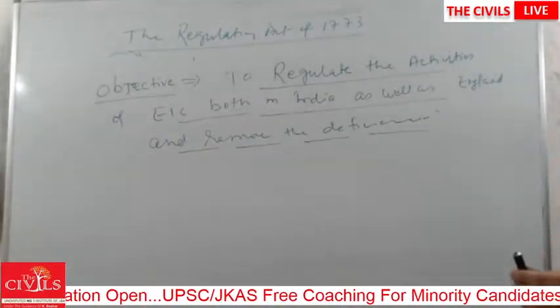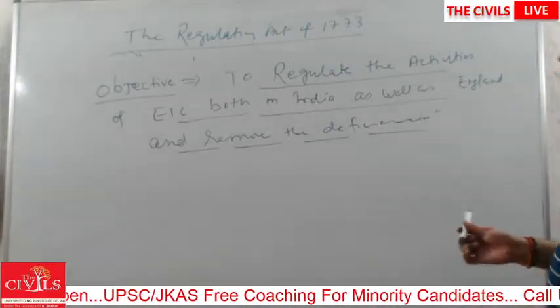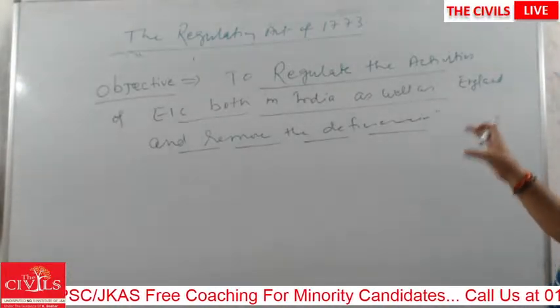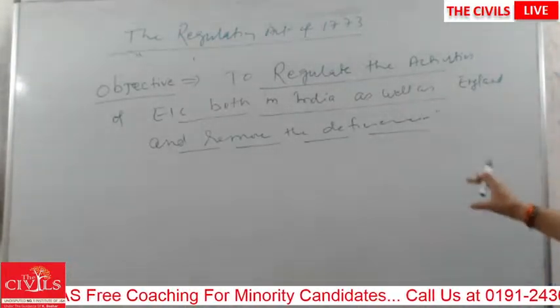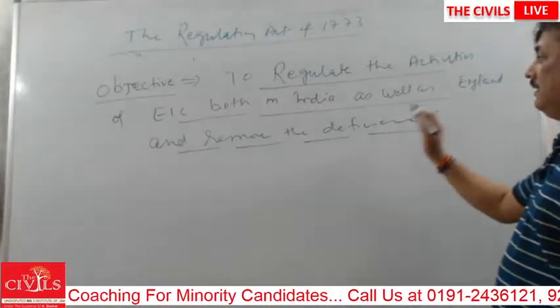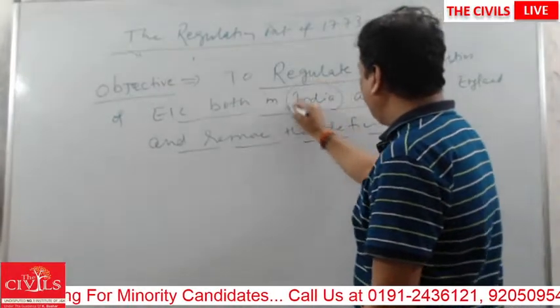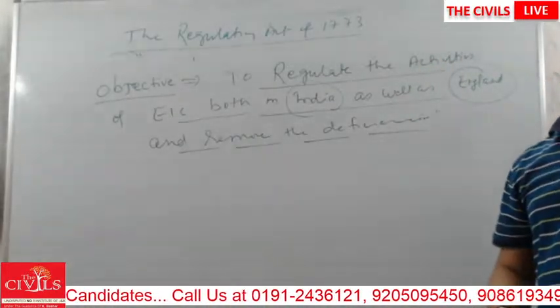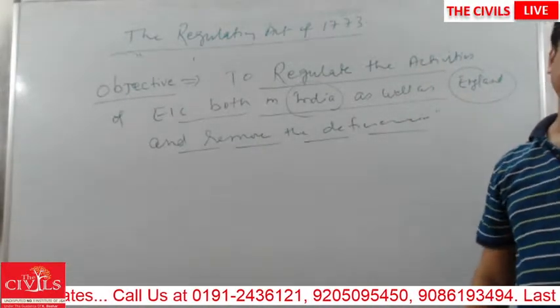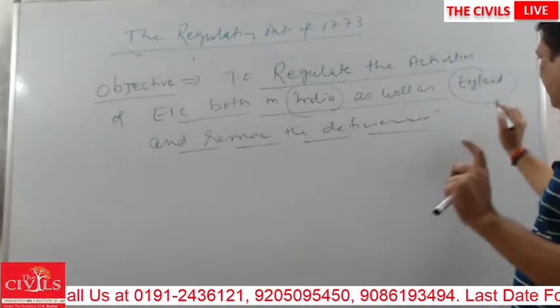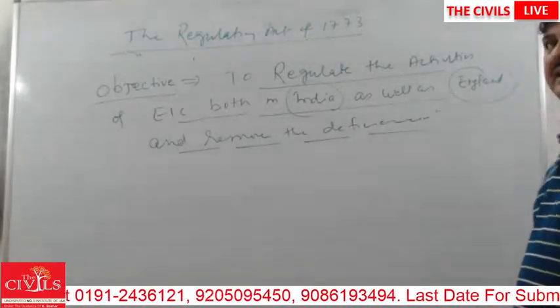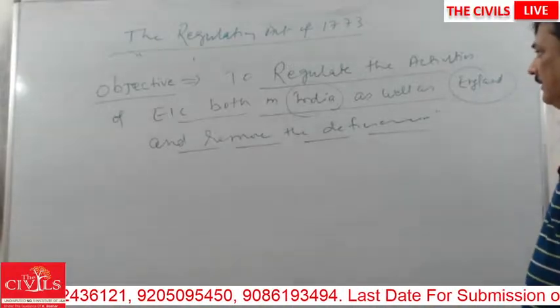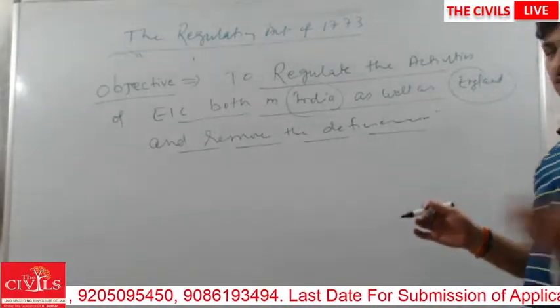By this act, British Parliament wanted to regulate the activities of East India Company both in India as well as in England, because we all know the company was a private company and it was London based, England based. So there are two provisions.